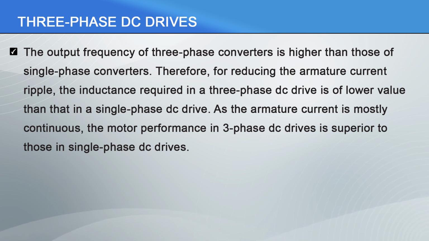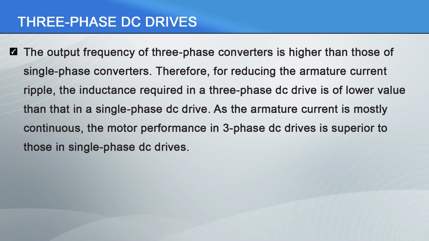The output frequency of a 3-phase converter is higher than that of a single phase converter. Therefore, for reducing the armature current ripple, the inductor required in a 3-phase DC drive is of lower value than that in a single phase DC drive.